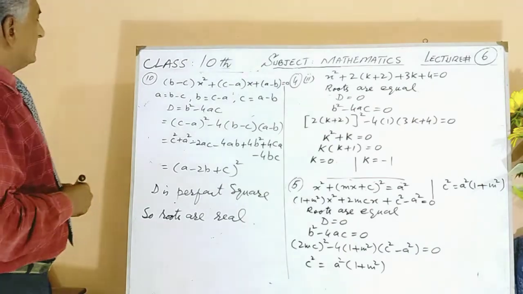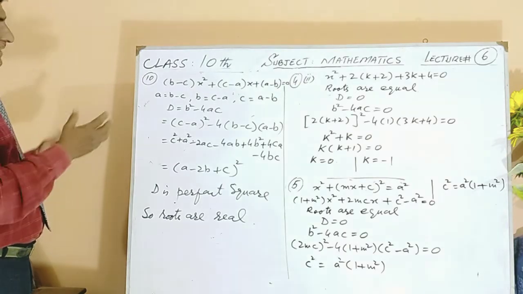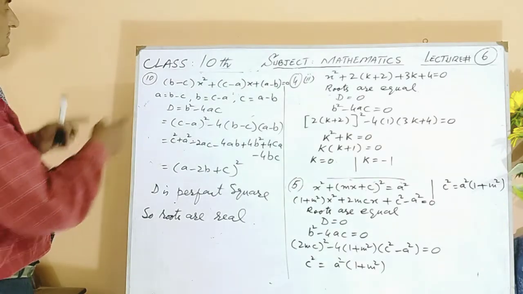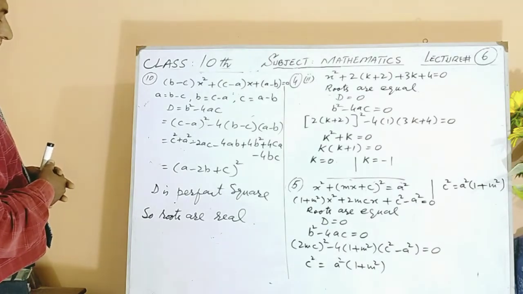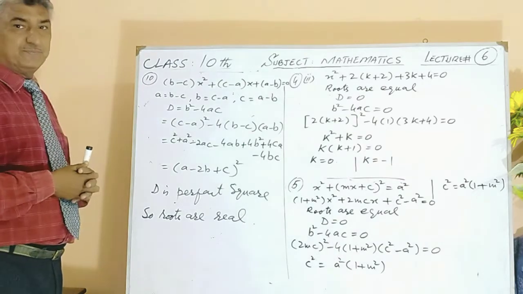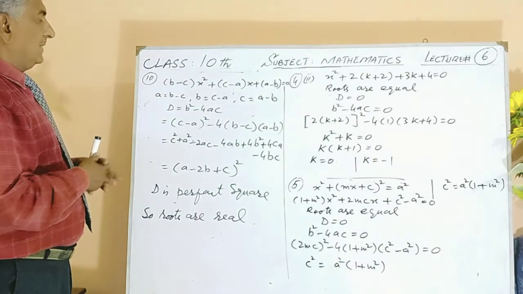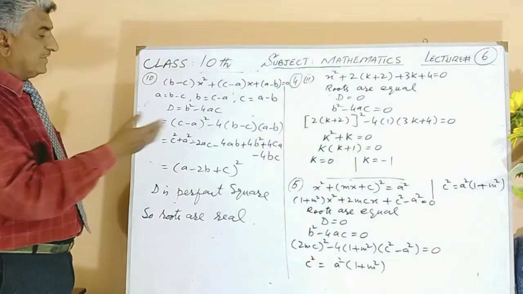My dear students, now in this question 10, you will deal with a question where you have to show that roots are real. So this question is different from the questions which we have done previously.